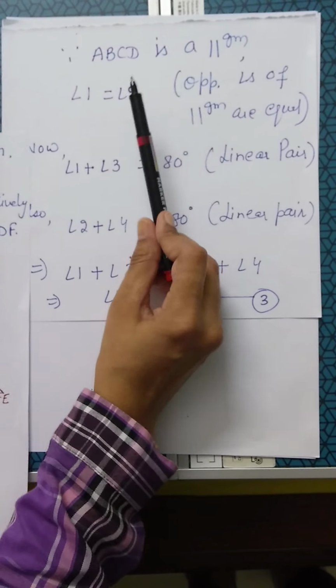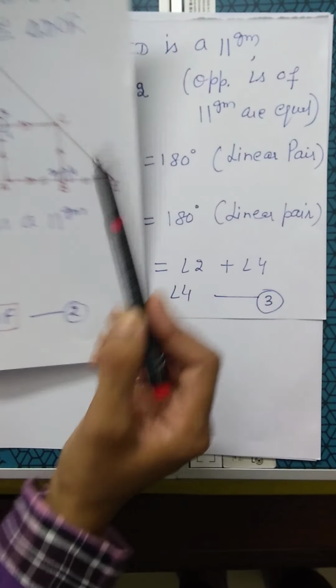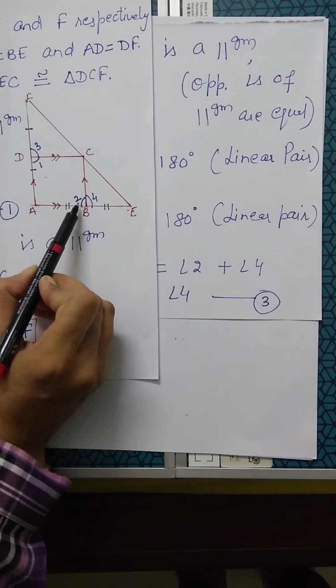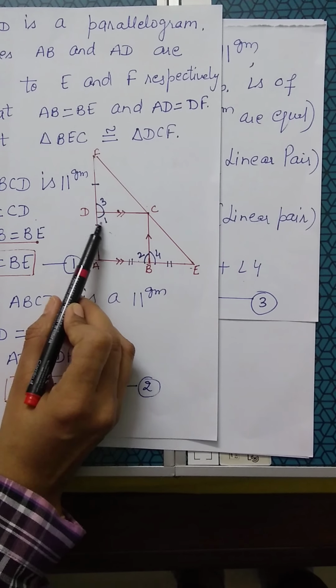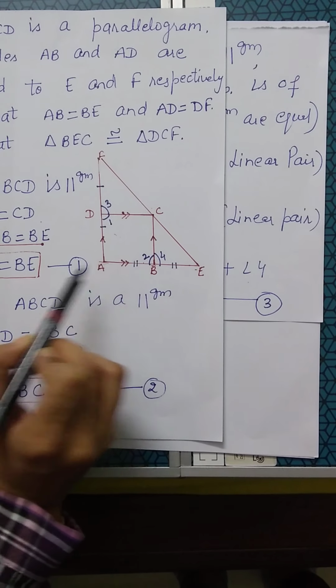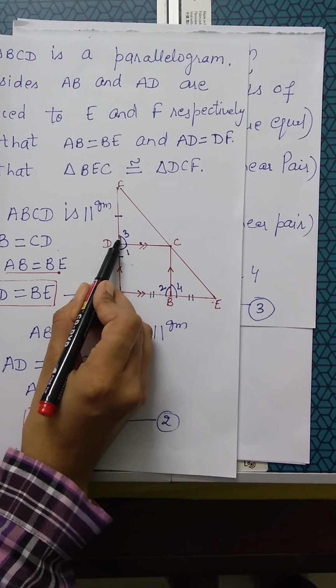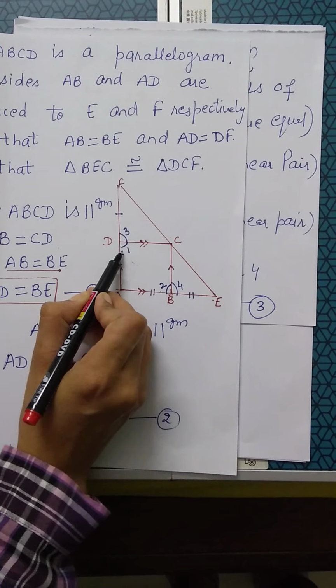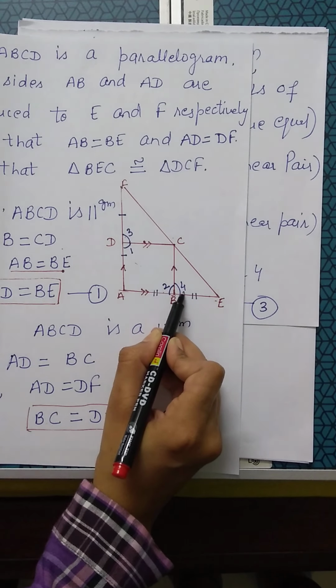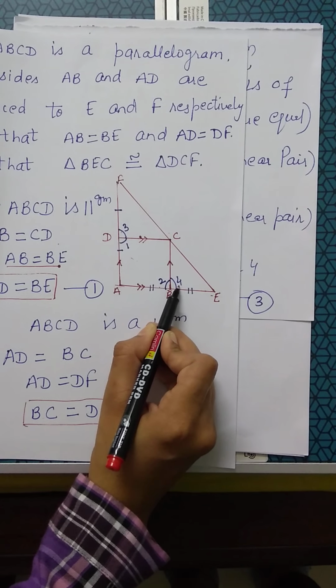Now, ABCD is a parallelogram in which angle 1 is equal to angle 2. We know opposite angles of the parallelogram are equal. Now here, if you see, 1 plus 3 are forming a linear pair. Similarly, angle 2 plus 4 are also forming a linear pair.